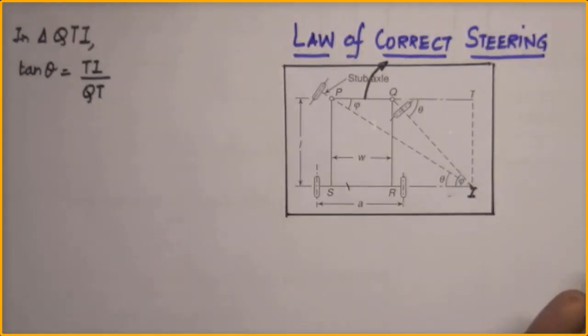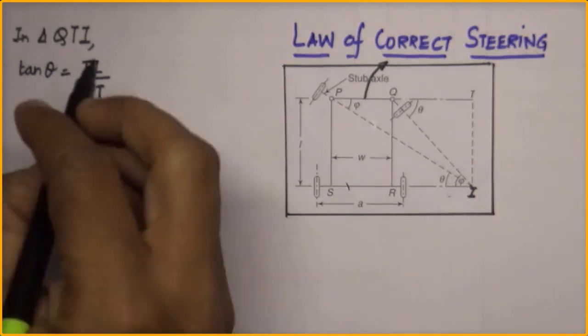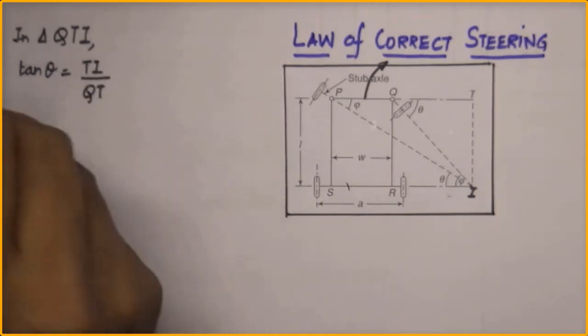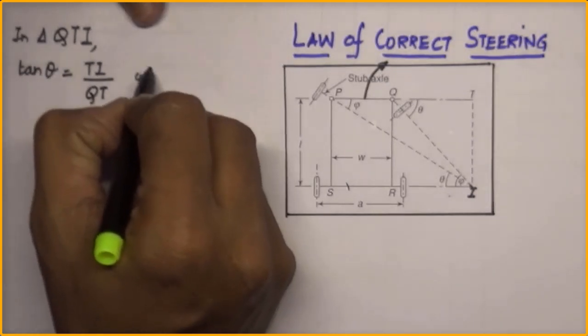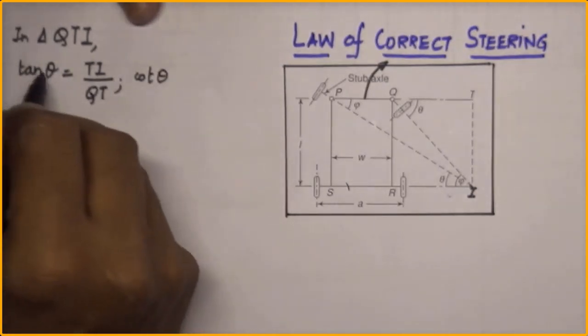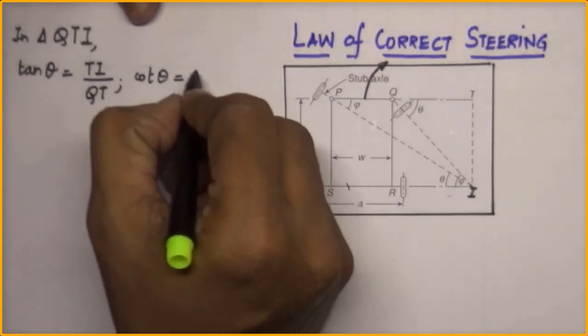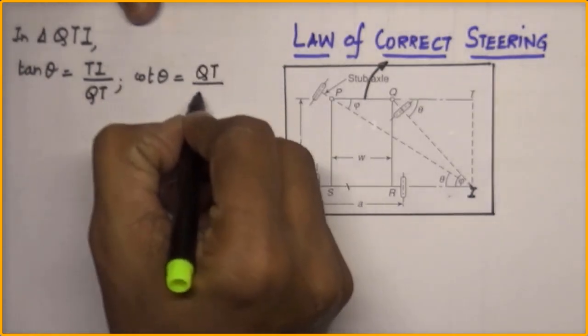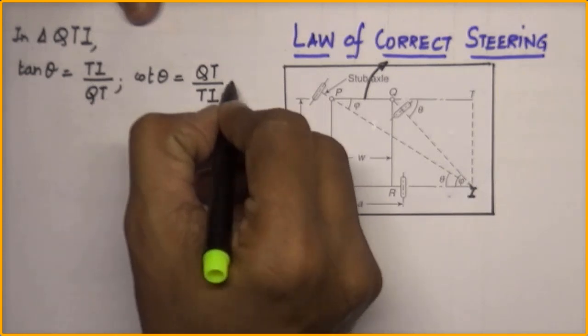As far as the equation is concerned, it is actually easier if we rewrite this in a cot ratio rather than in the tan ratio. So therefore, the reciprocal of the same tan theta would look like QT divided by TI.